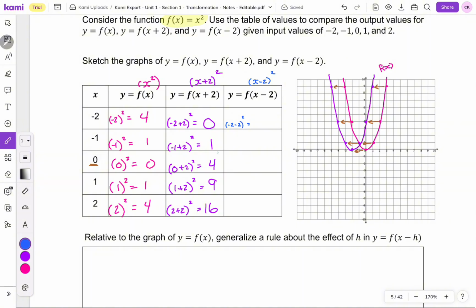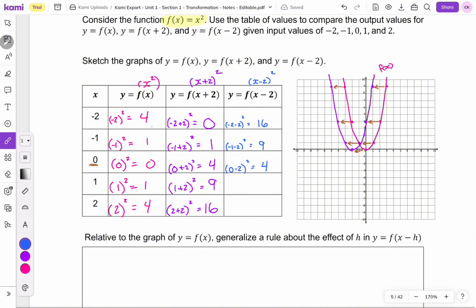So negative 2 minus 2 is negative 4. Squared is 16. Okay, now our input is negative 1 minus 2 squared. That's going to be 9. 0 minus 2 squared is going to equal 4.